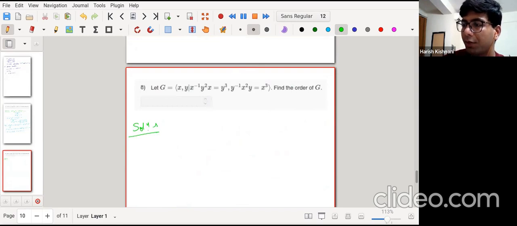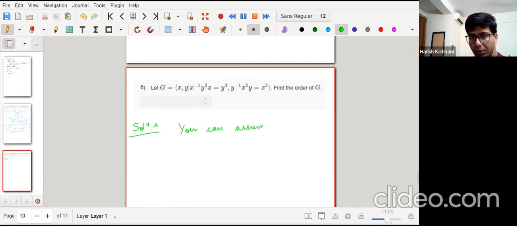Anyway, you have to fill in a finite number. So you can assume that G is a finite group.